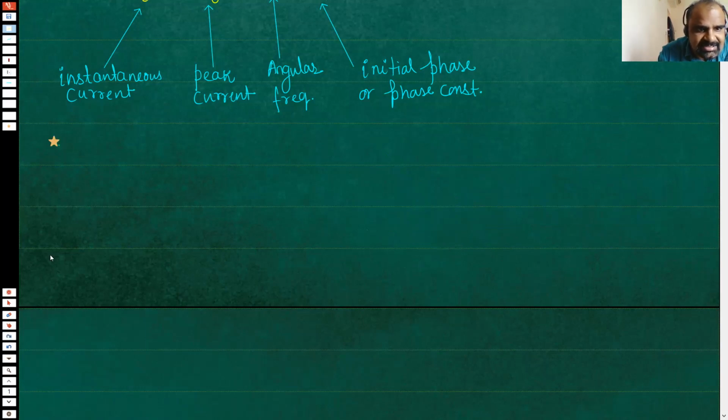So frequency of AC worldwide is a constant, and that is 50 hertz. So that is what I am going to write.